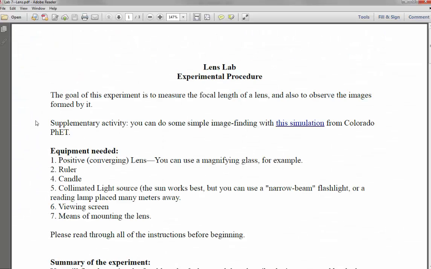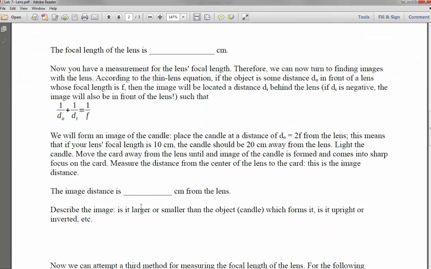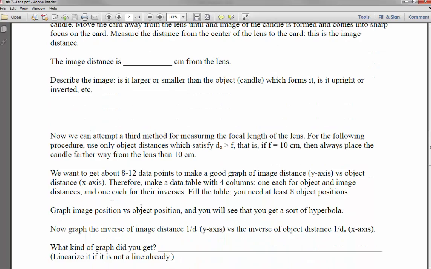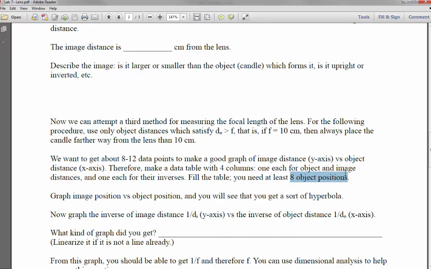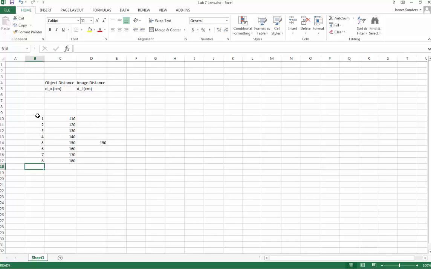Because in the instructions here in the lab, it says that you want to do all of this for 8 object positions. We want 8 to 12 data points, so just to get all possible ones, maybe we'll do 90 and 100 as well. So that gives us all 10 locations. I'm not going to go below this for now. We'll see in a minute what happens when I do that.